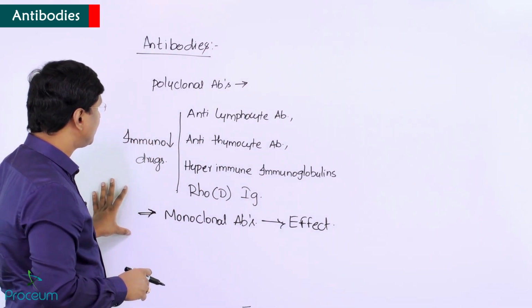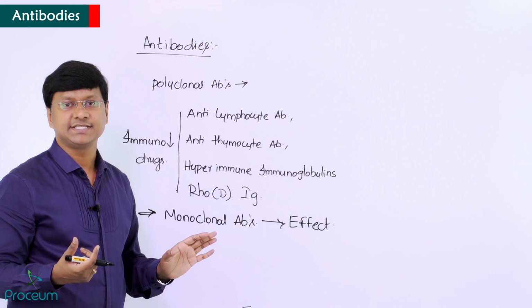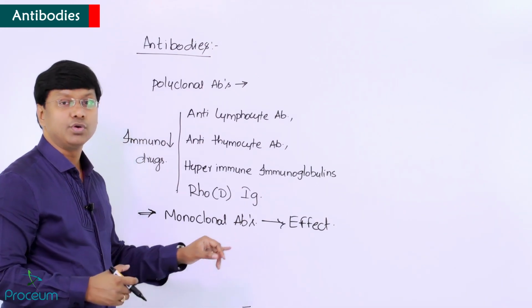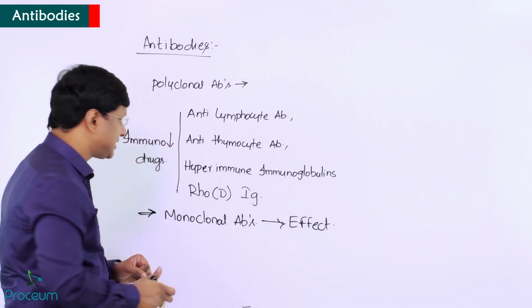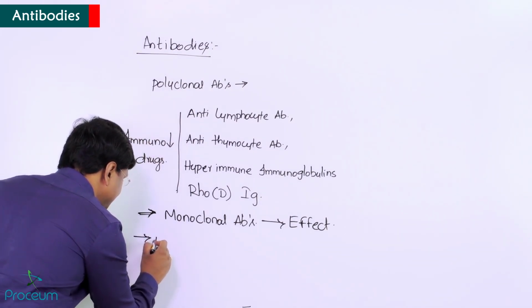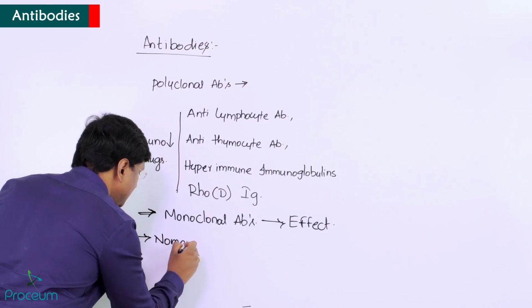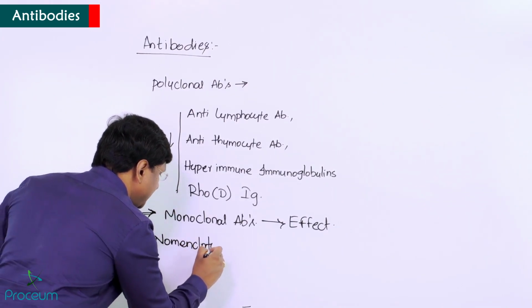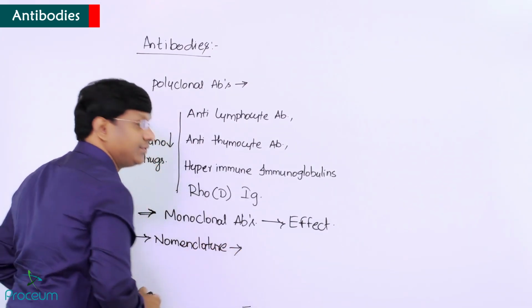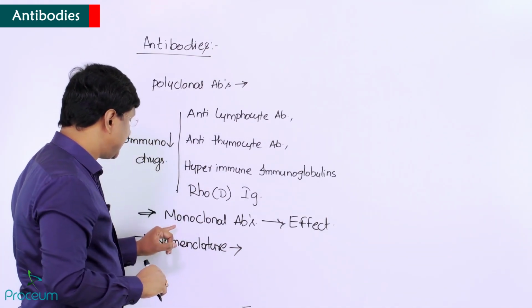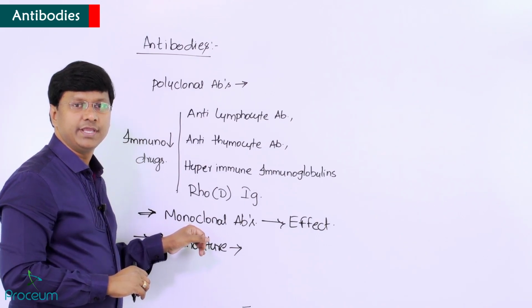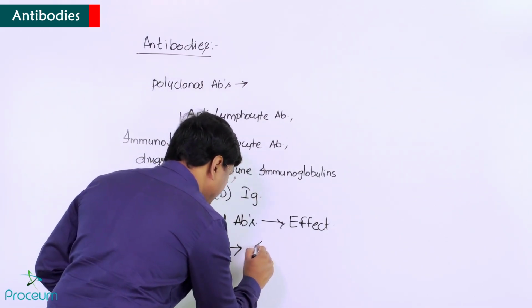Now let me tell you how the nomenclature of these monoclonal antibodies is presented. In the nomenclature we have four parts. The name of the monoclonal antibody can be divided into four parts.